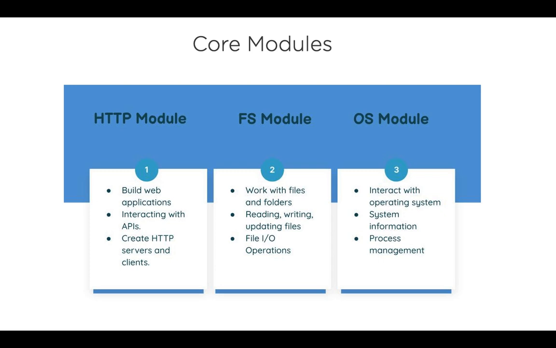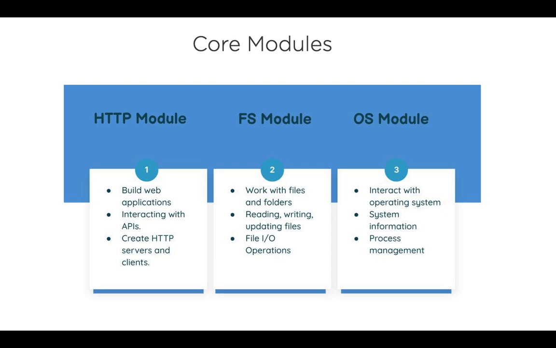Some examples include the HTTP module, which allows us to build web applications, interact with APIs, and has methods for us to create HTTP servers and clients, handle HTTP requests and responses, and make HTTP requests to other servers. The FS module provides an API for interacting with the file system, allowing you to read and write files, create and delete directories, and perform various other I/O operations.